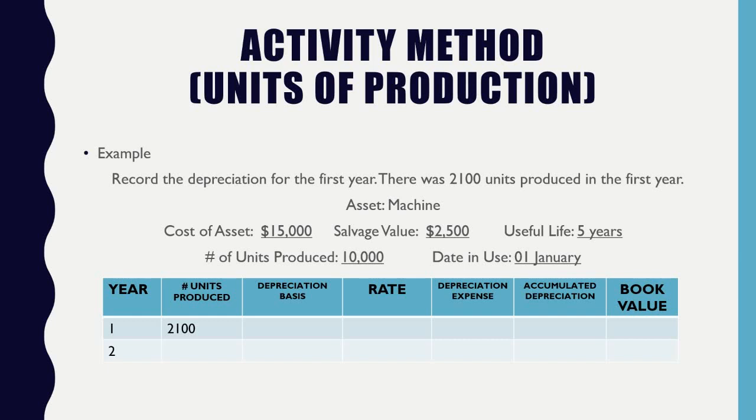We'll talk about partial years in a few seconds after this example, but let's just do the example here. When I acquired my asset as of January 1st, at the end of the first year, I produced a total of 2,100 units.